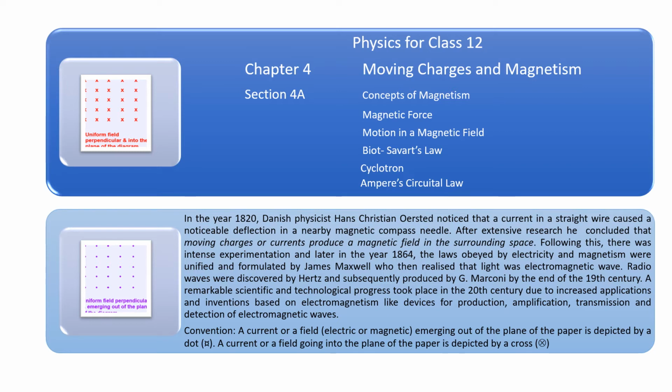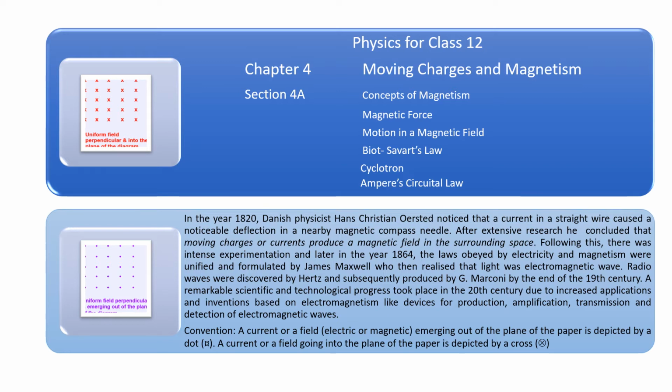A remarkable scientific and technological progress took place in the 20th century due to increased applications and inventions based on electromagnetism, like devices for production, amplification, transmission, and detection of electromagnetic waves. And all these details we are going to study during our course of physics studies.